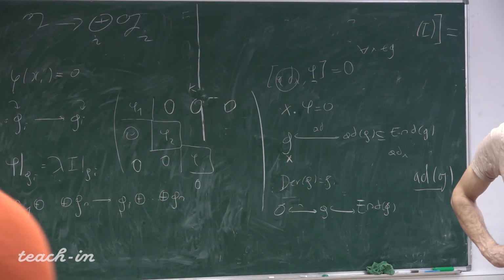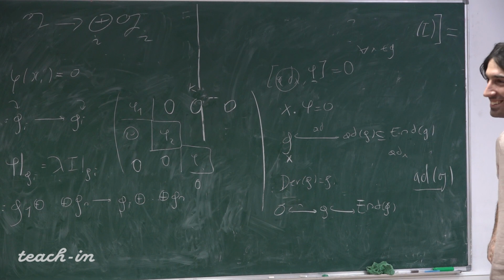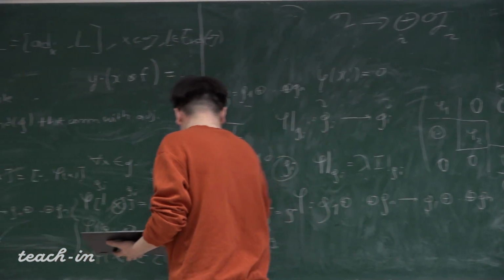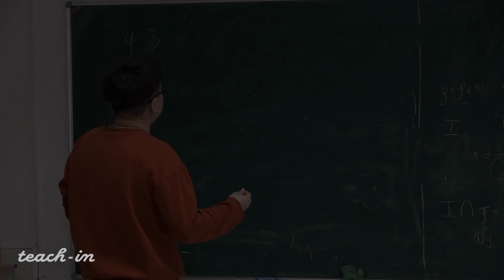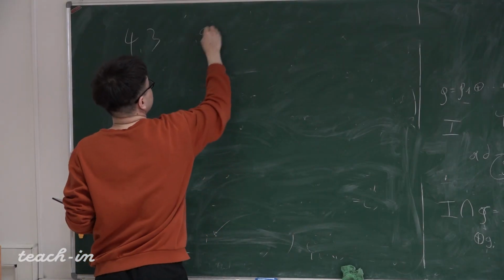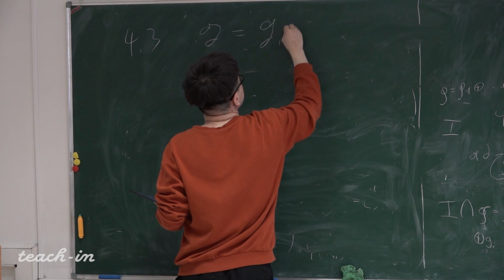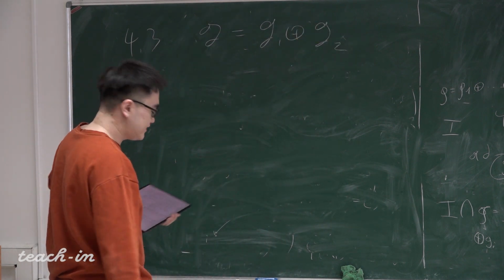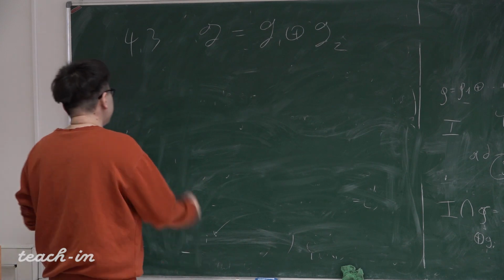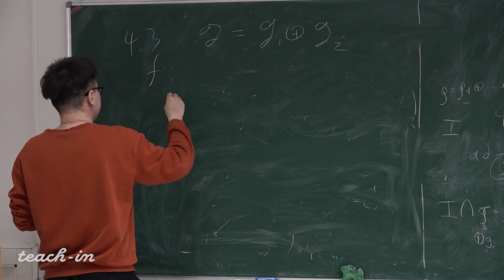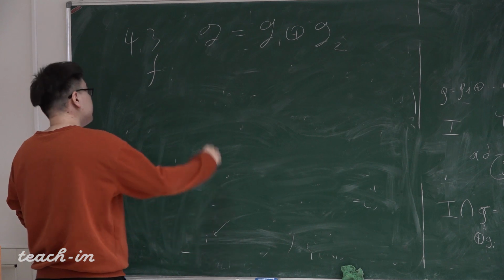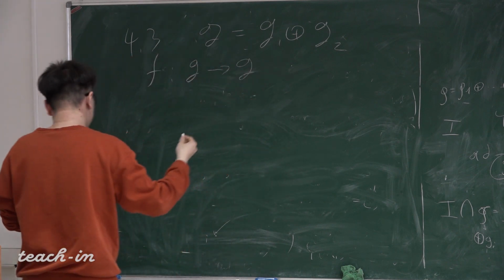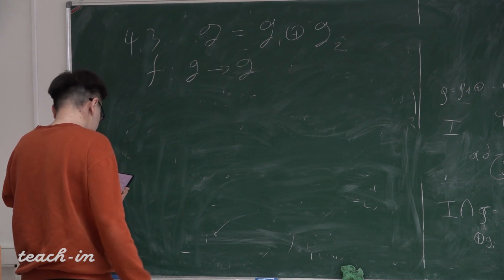I will not give the full proof, just the idea. For simplicity, we just consider two components, and we have a linear map f from G to G which satisfies our condition.